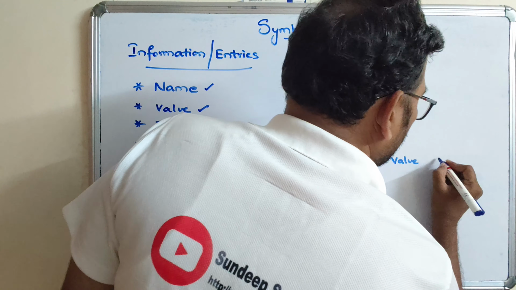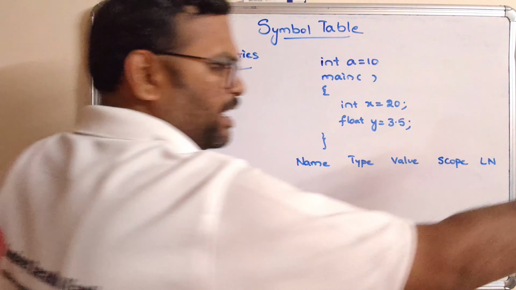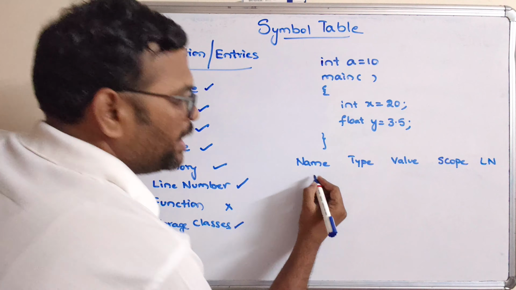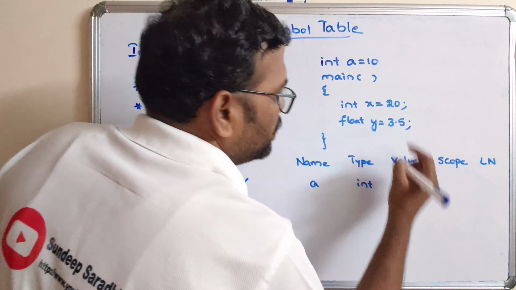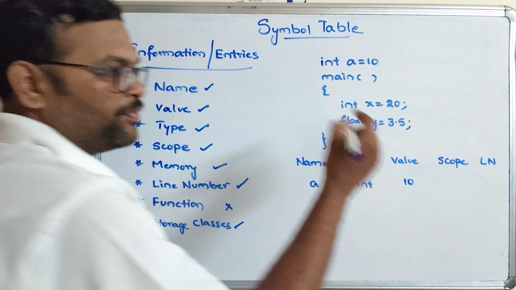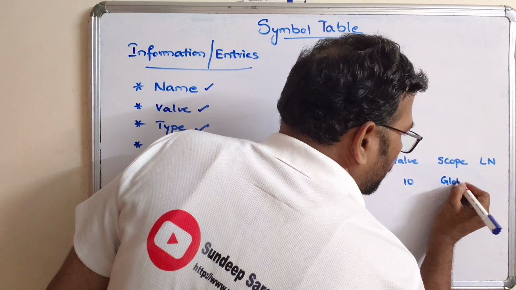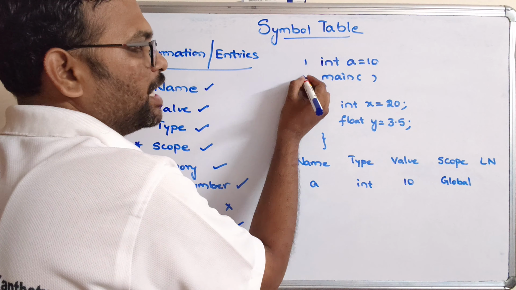I'll write it. So scope, line number, etc. For example, name is a, type is integer, value is 10, scope: it was declared above the main function, so the scope will be global. Line number, so let us take the line numbers.